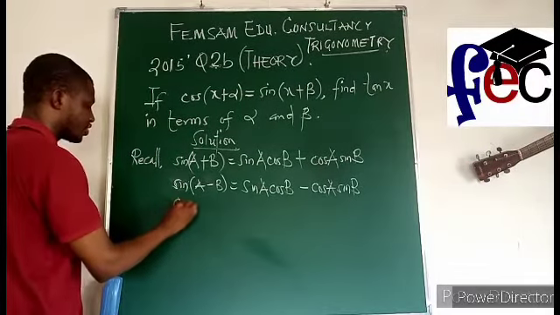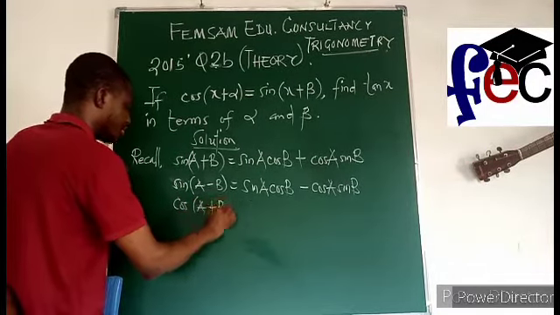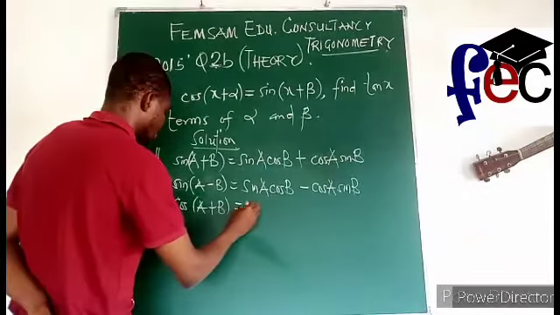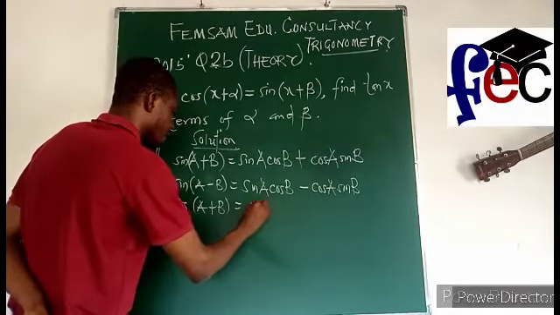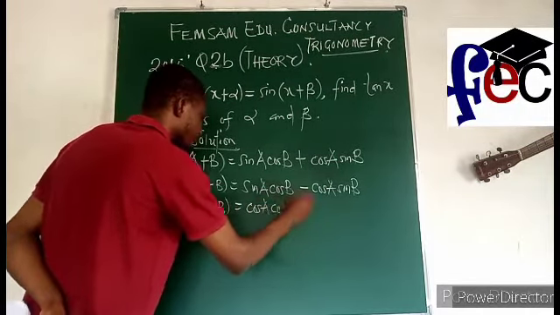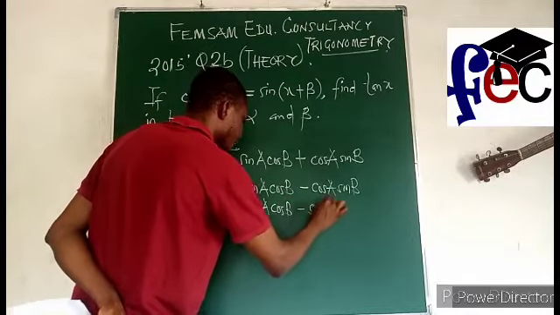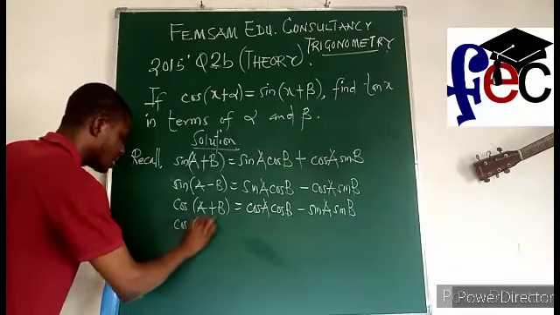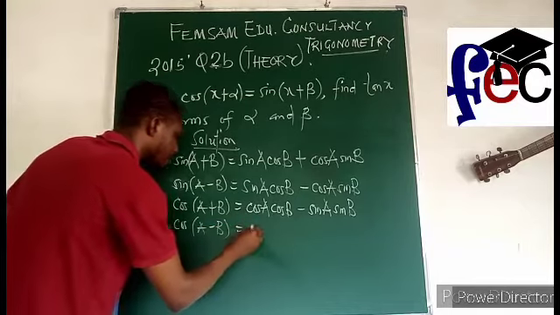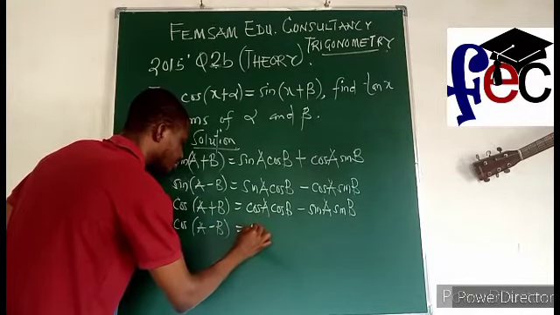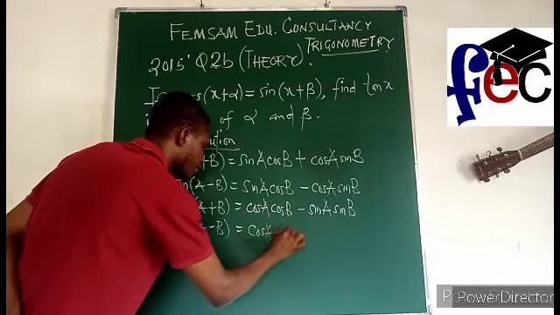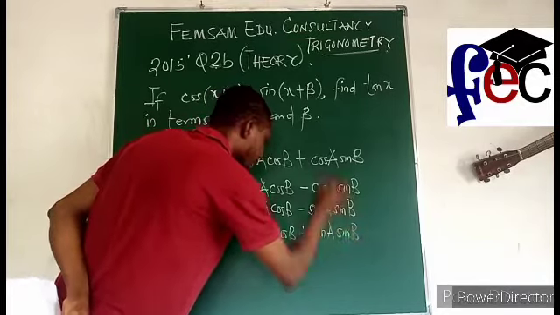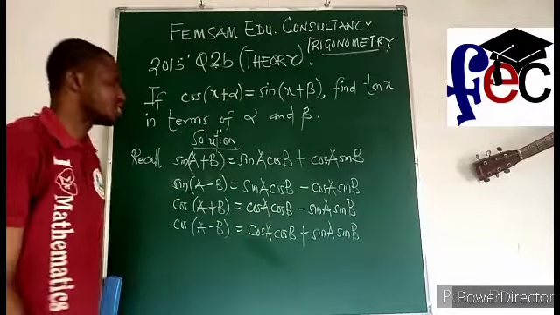Then if we have cos(A + B), this will give us cos A cos B minus sin A sin B. And if it is cos(A - B), then we have cos A cos B plus sin A sin B. All these are under the addition formula.